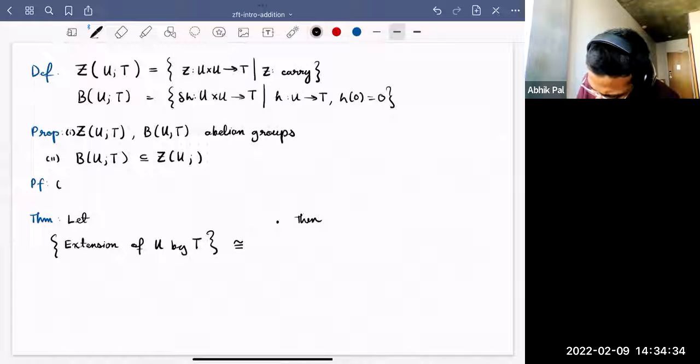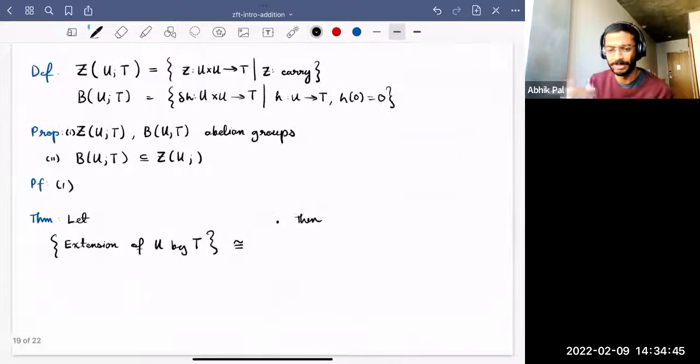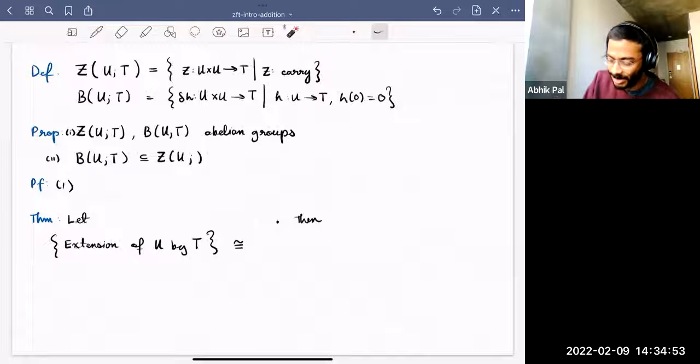The first one just follows by checking that a sum of two carries is again a carry and that a difference of carries is a carry. That is very obvious, because if you add a carry to another carry, it satisfies the required conditions. And the zero carry is the identity operation. So that ensures that Z of U comma T is a group.